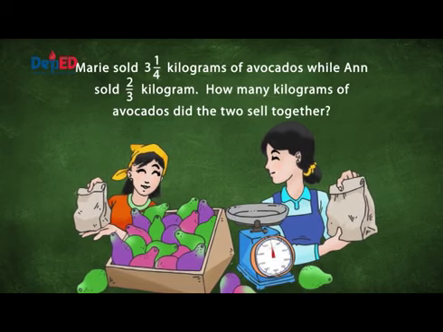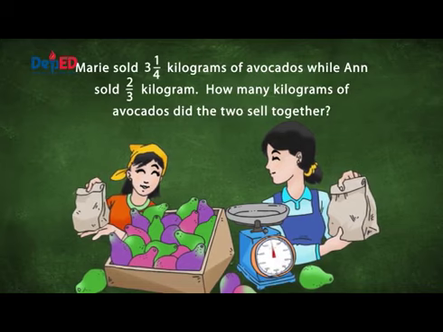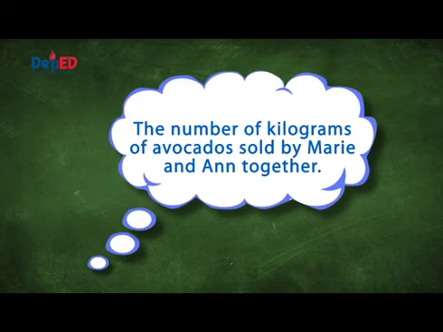Let us analyze the problem carefully. What is asked in the problem? Yes, the number of kilograms of avocados sold by Marie and Anne together. What is the clue word that can help to determine the operation in the problem? Correct!